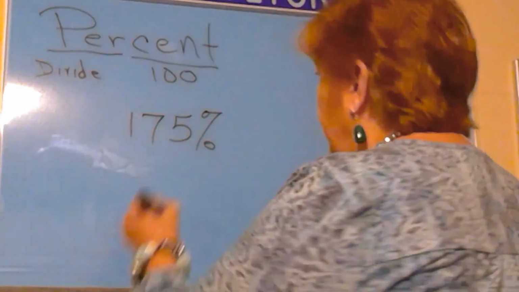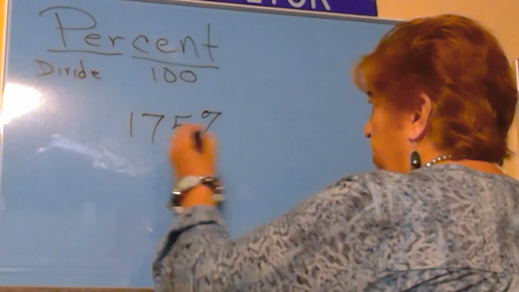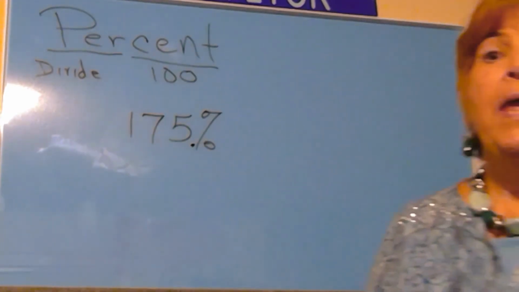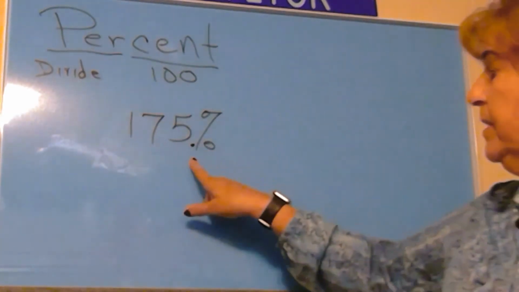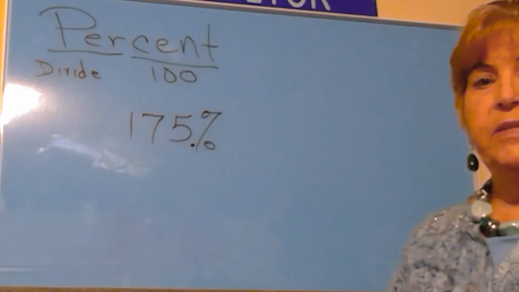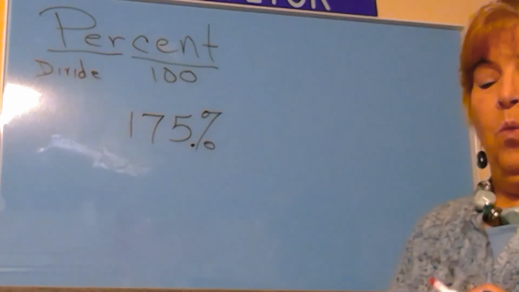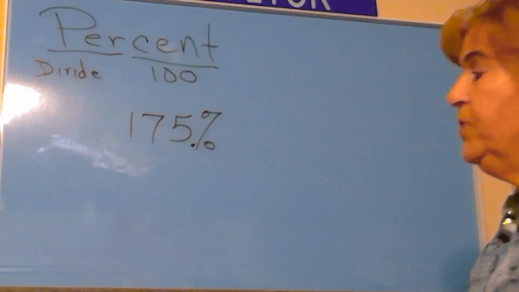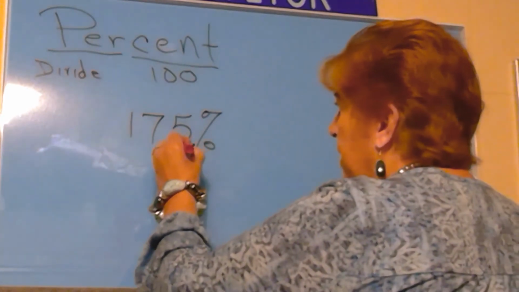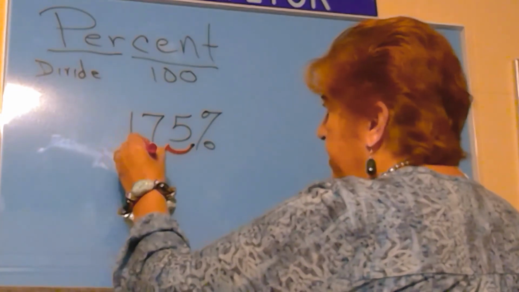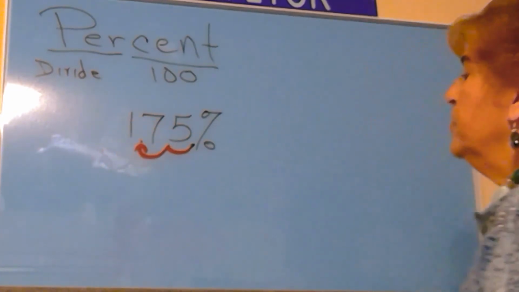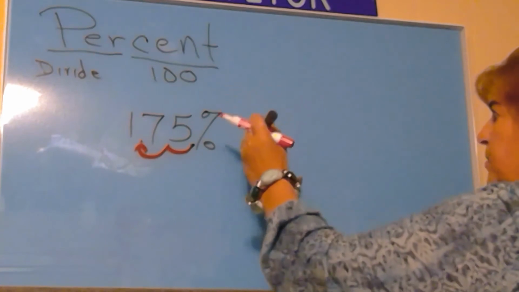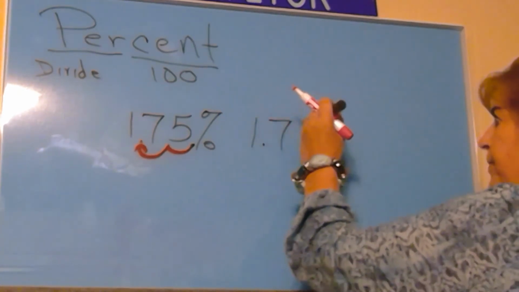If there's a decimal point, I want you to make sure that you can see it. Okay? And if there is no decimal point, it's at the end of the number, which is what I did with this. When changing a percent to a decimal, you always move the decimal point 2 places. 2 places would put it right there. So as a decimal, that is 1.75.